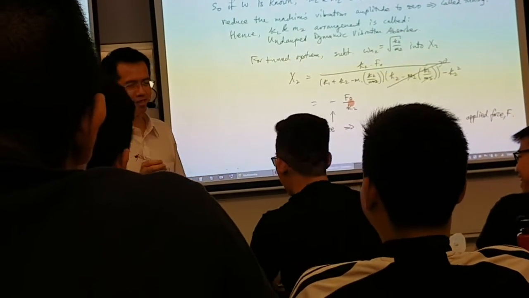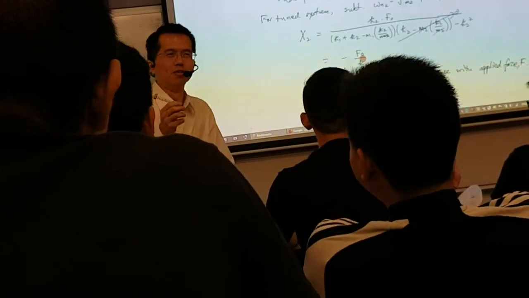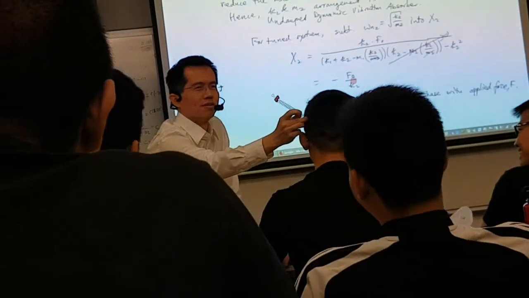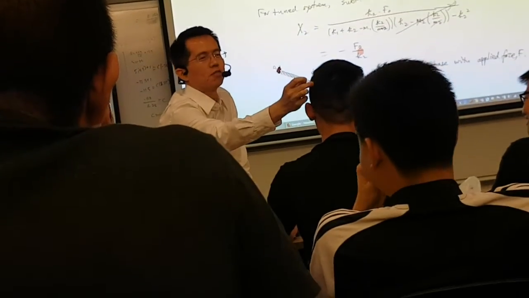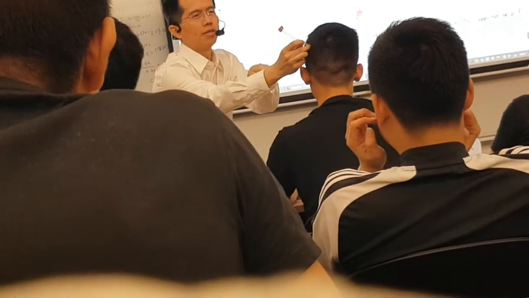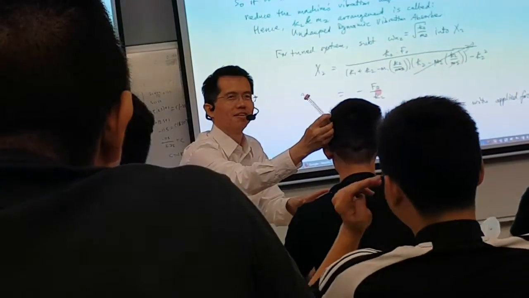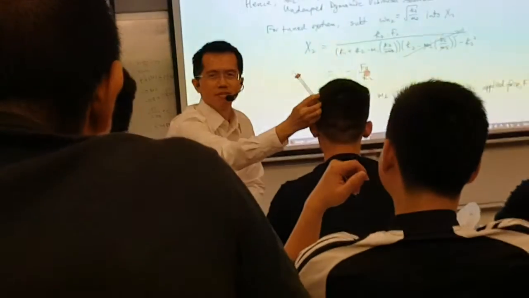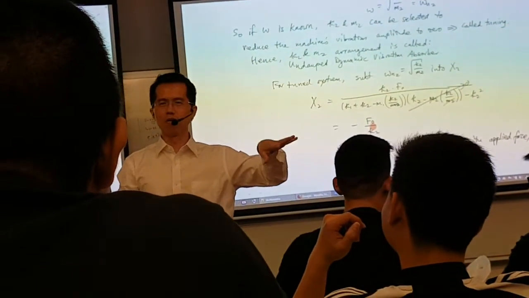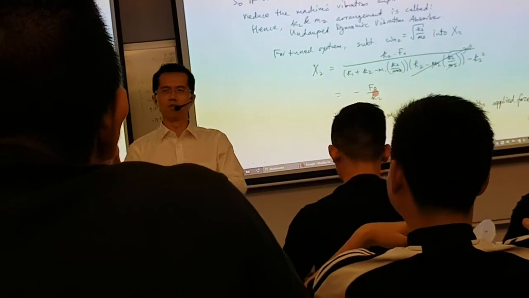So what you need to do is to convert that single degree of freedom system into a 2 degree of freedom system. That means you transfer all this vibration energy into this, and then you find that this part starts to resonate and oscillate, converting the single degree of freedom system into a 2 degree of freedom system.